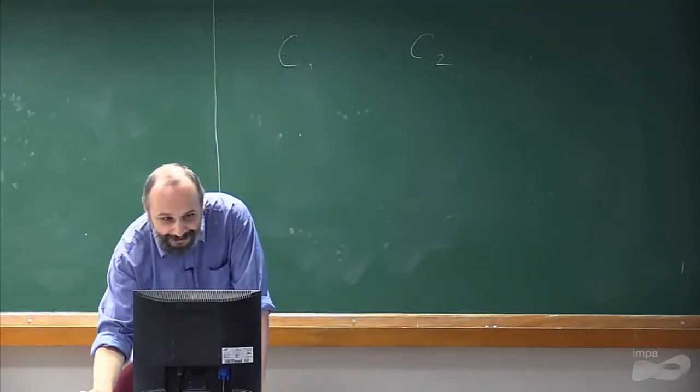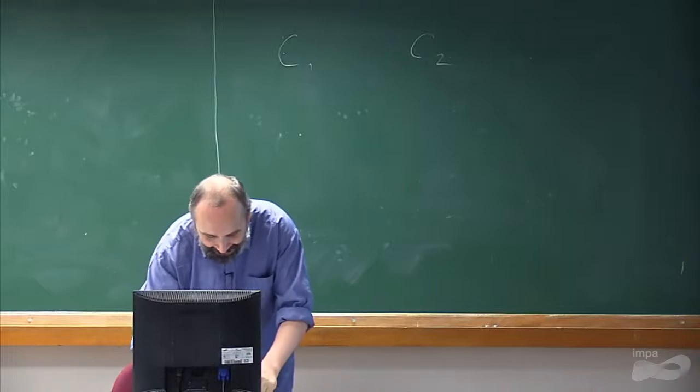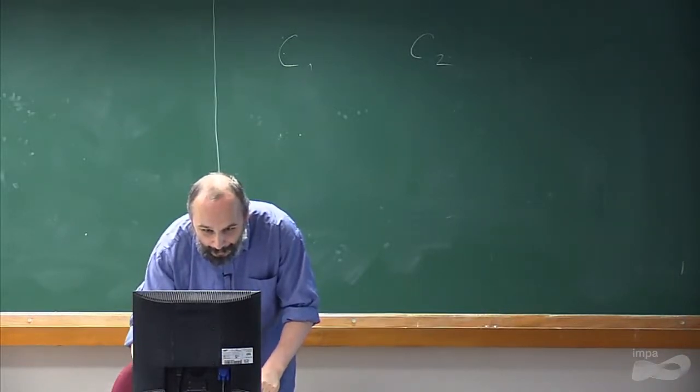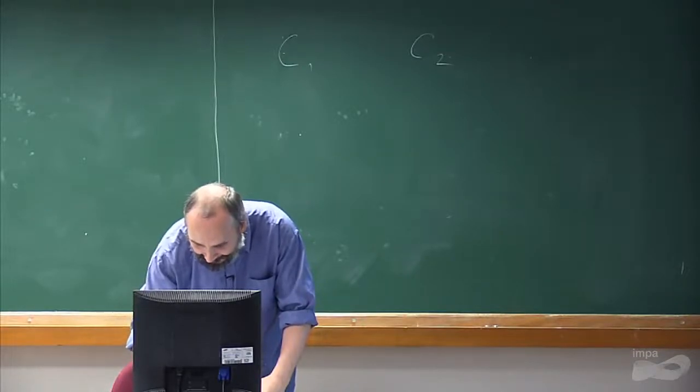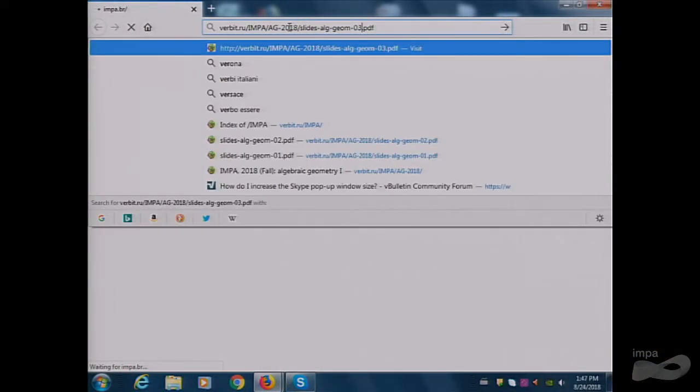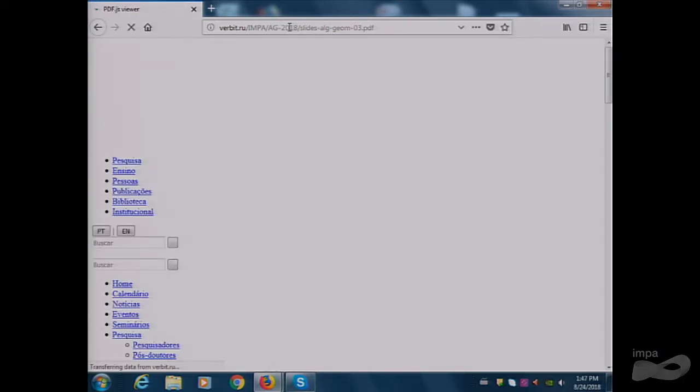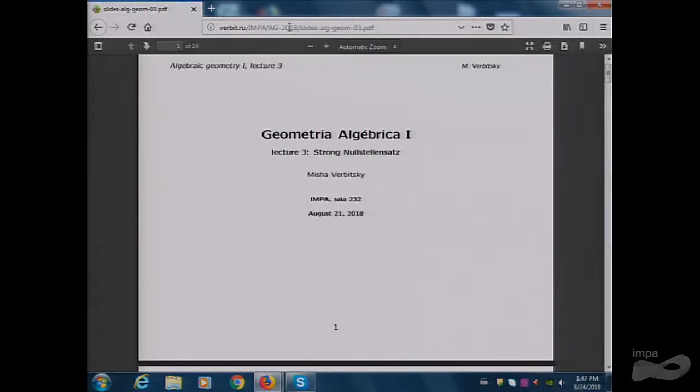Then you have a map from objects to objects, objects of C1 to objects of C2.